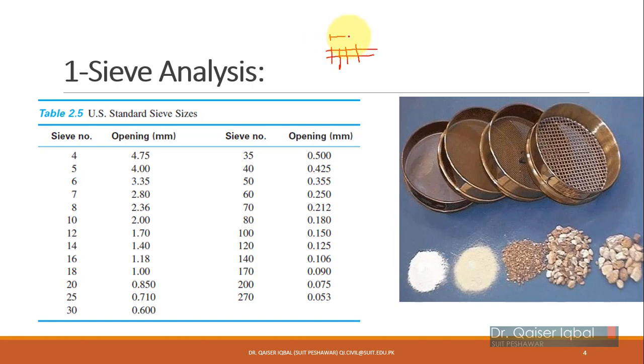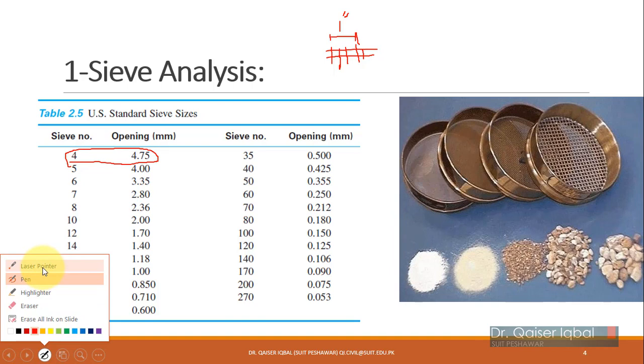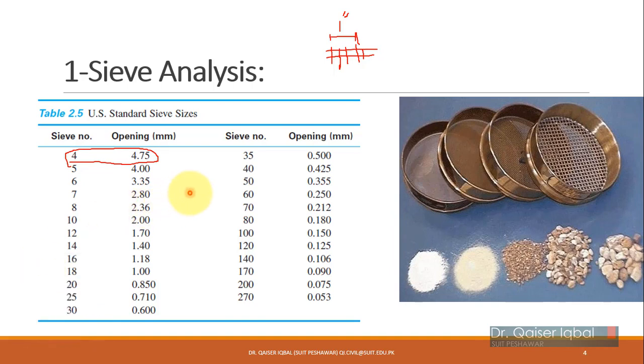So if this distance is 1 inch, then there are 4 holes in this 1 inch: 1, 2, 3, 4. So 4 holes per linear inch means that this is sieve number 4. Remember, this is the number of holes per linear inch, not per square inch. Sometimes students mix it up with the number of holes per square inch. This is not per square inch.